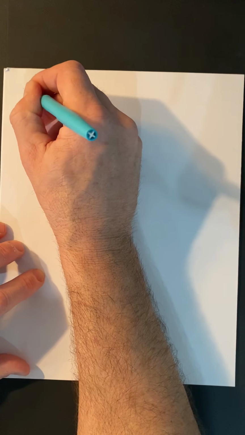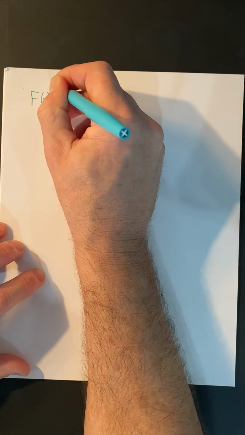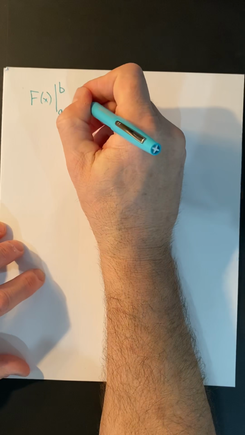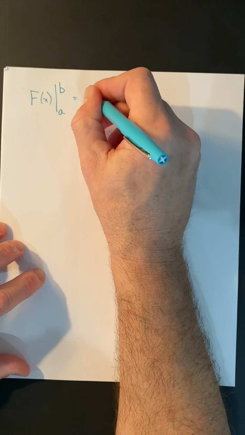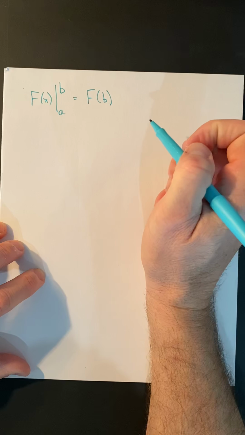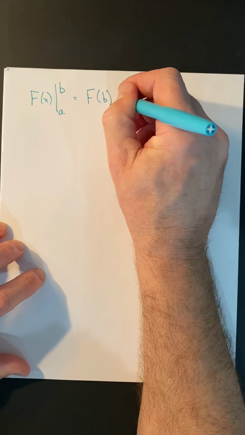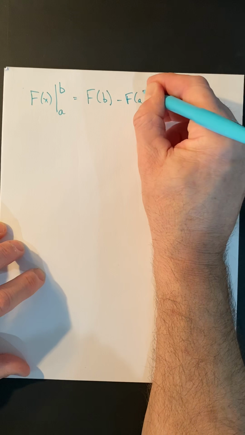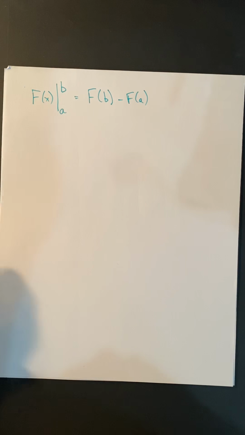So I'm going to take f of x from A to B, and I'm going to break that out into the value of B in my integral minus the value of A in my integral, okay?